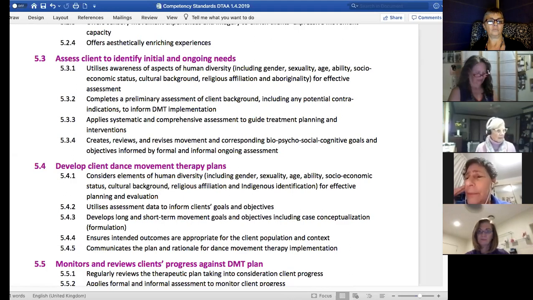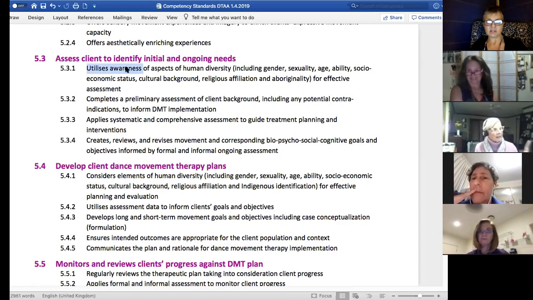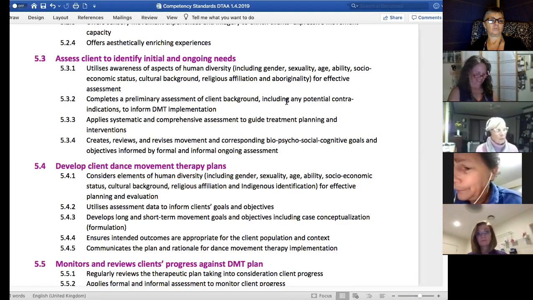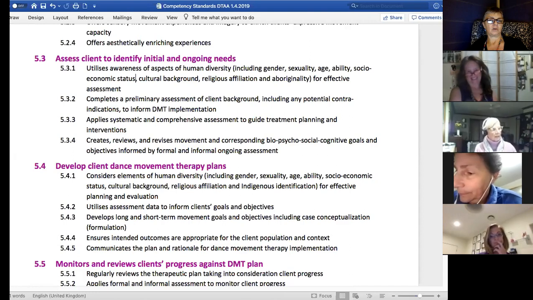Well, I don't actually see awareness a lot, but I won't argue that at the moment, because we're saying it's utilization of. Okay, so utilizes is the verb, and awareness is the knowledge, and that's the theory and application. Why not say the word knowledge? No, it's awareness, but it means that we're utilizing or completing or creating or applying.